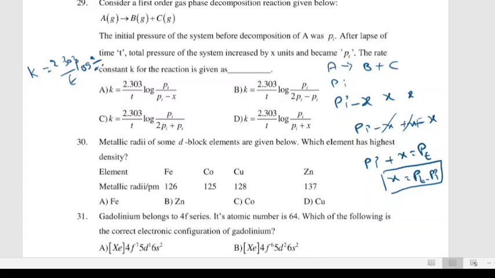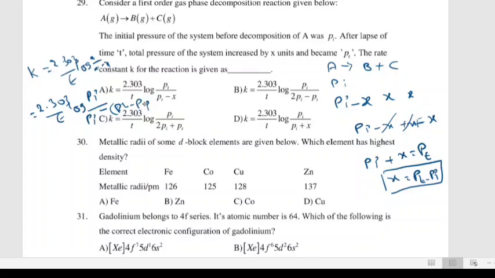That is equal to 2.303 by t into log, what is a? The initial one, Pi, divided by, what is a again? Pi, minus, what is x here? Pt minus Pi.